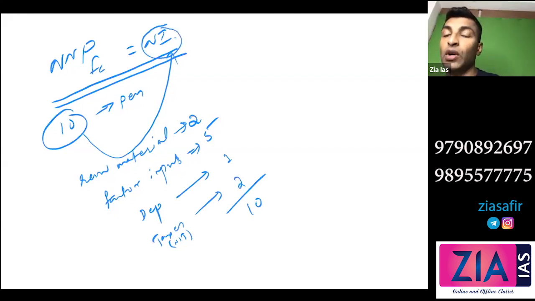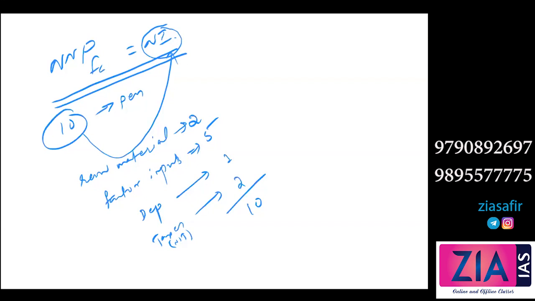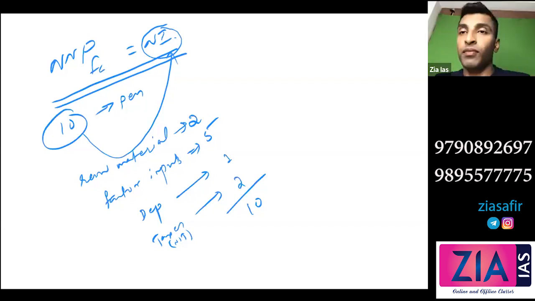Now, what will be added to national income from this? Can you tell me how much will be added? Tell me what is NNP at factor cost here?